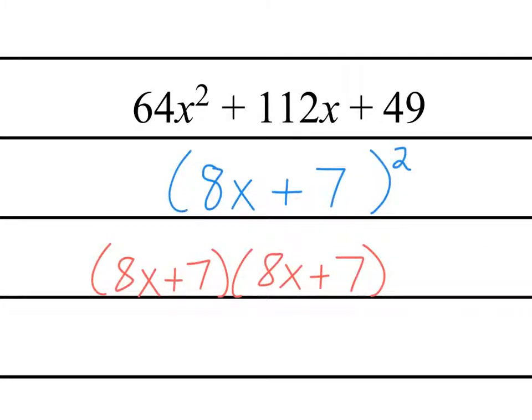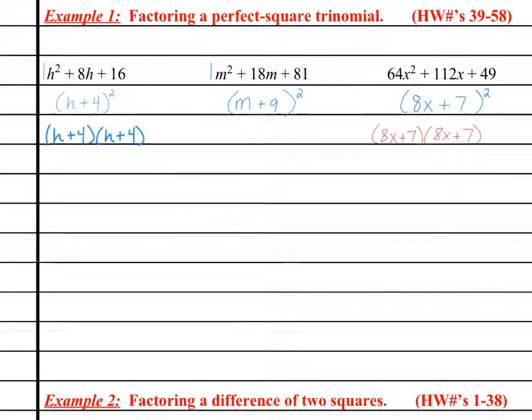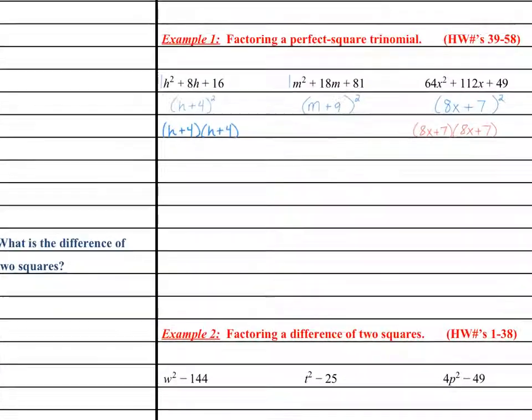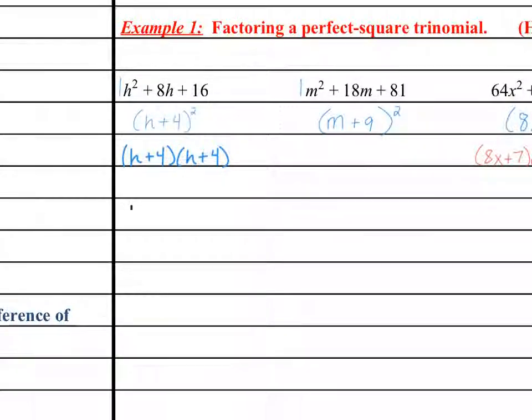Okay, I'm going to give you just a couple more examples here because there's not some on the front. So can you write these down kind of right below it? So another example for you, if it was h squared minus 8h plus 16, it's largely going to be the same.